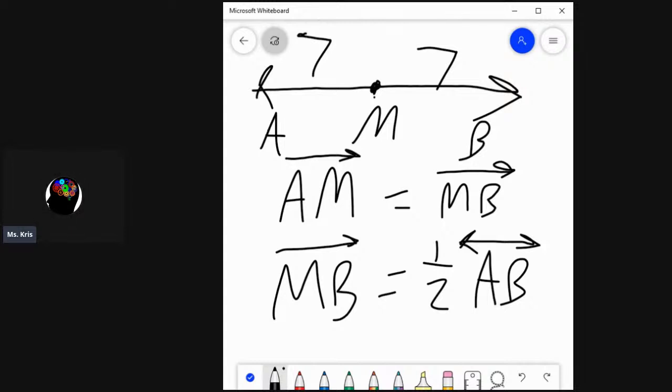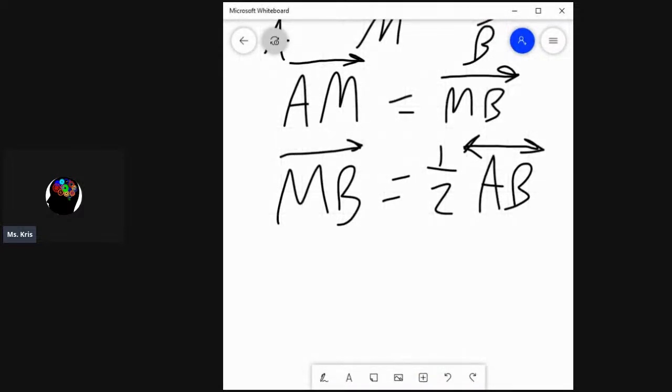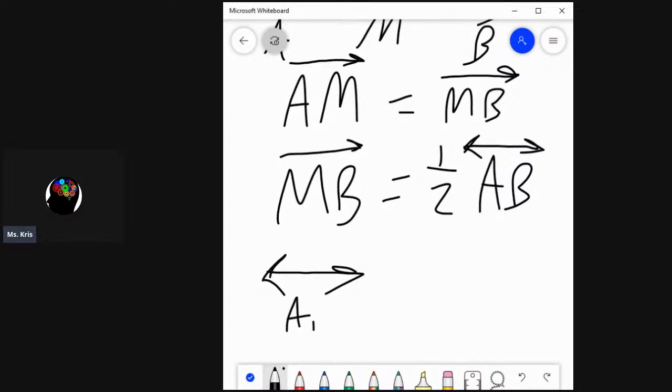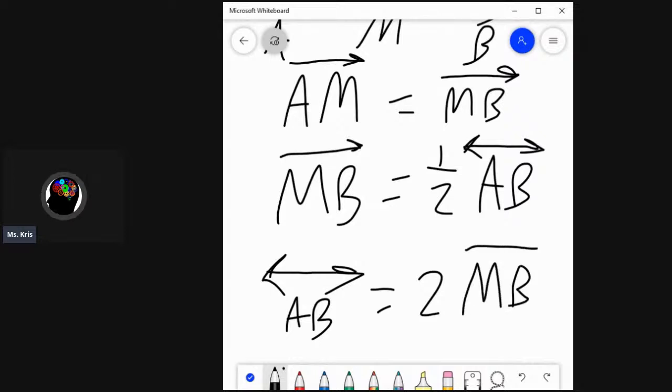Vice versa, line AB is 2 times ray MB. What that simply means is that in order to get the measurement of AB, I need to multiply 2 times the measurement of MB.